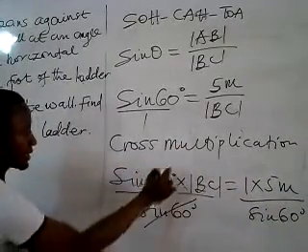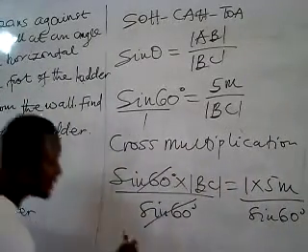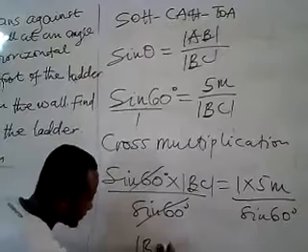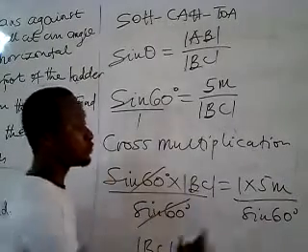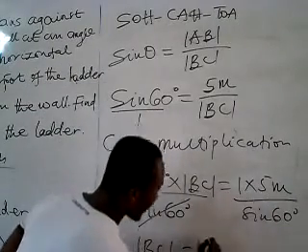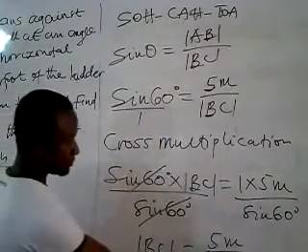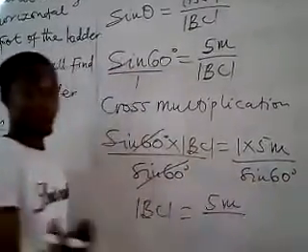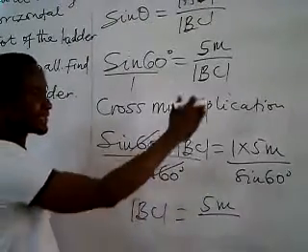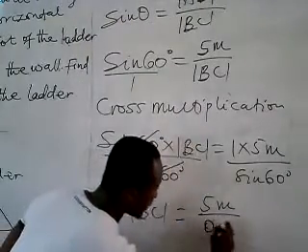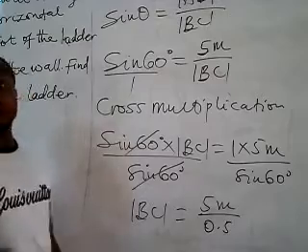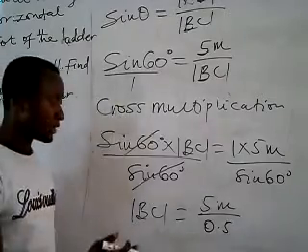So sine 60 cancels sine 60, leaving line BC equal to 1 times 5 will give us 5 meters. And sine 60, from a calculator, you press sine and 60 degrees will give us 0.5. 0.5 is also the same as 1 over 2.